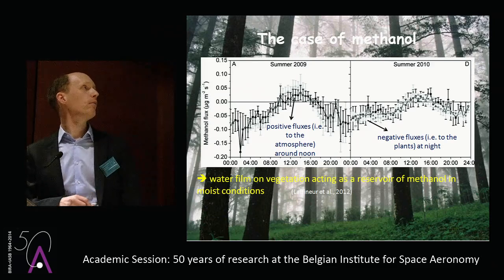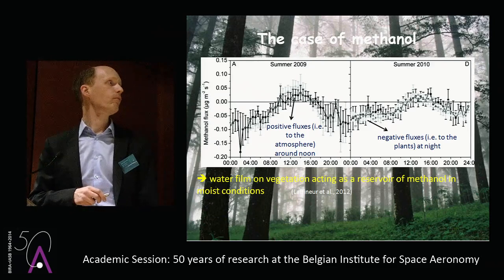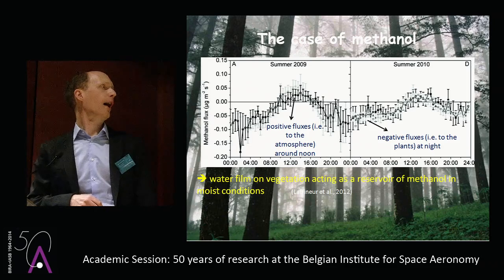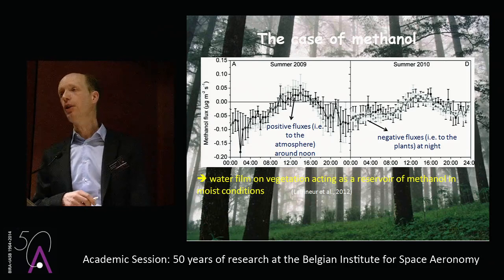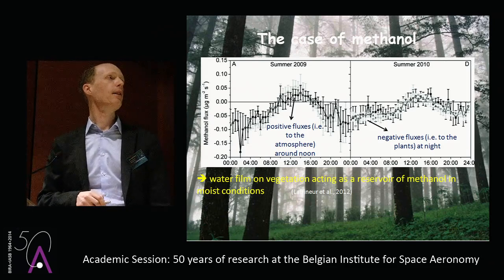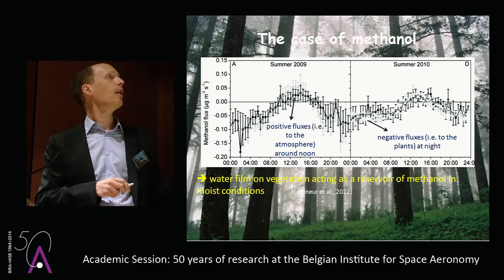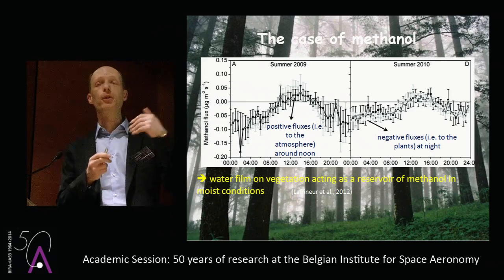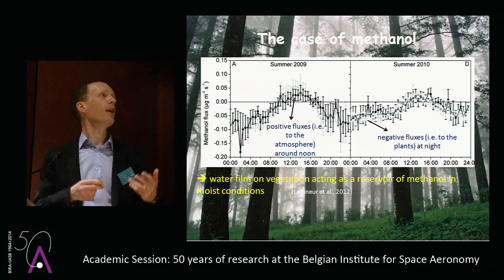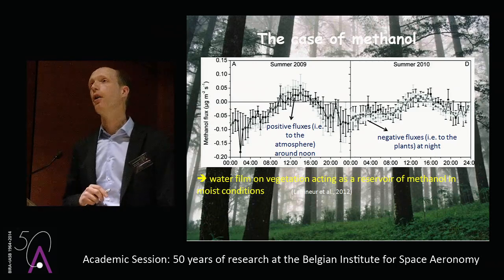And this was modeled and interpreted using the assumption that there is some water film on vegetation which acts as a reservoir of methanol. So during the day, the morning, the temperature goes higher and relative humidity goes lower, so you have evaporation of this water film, and then you have a flux to the atmosphere.